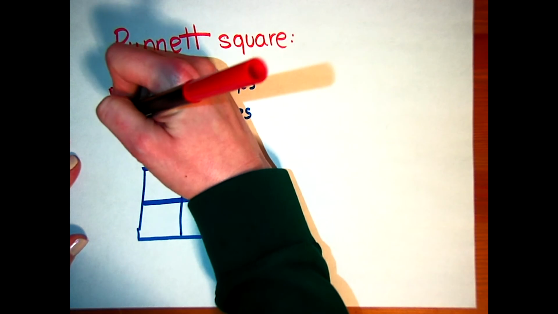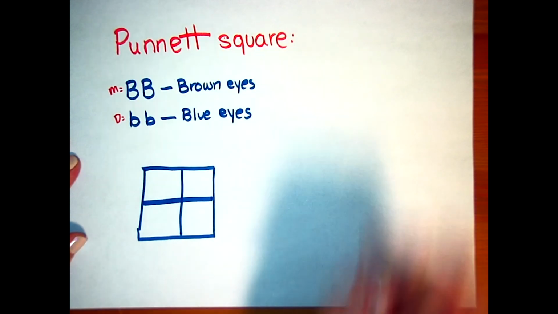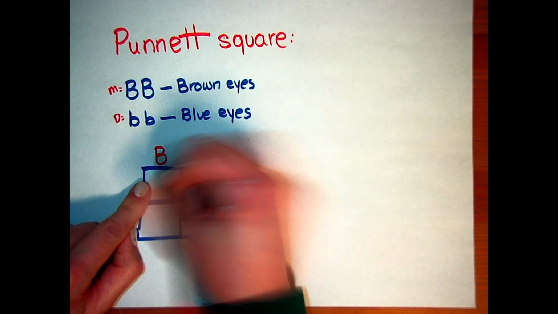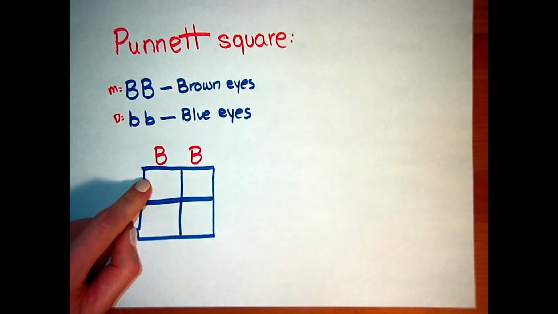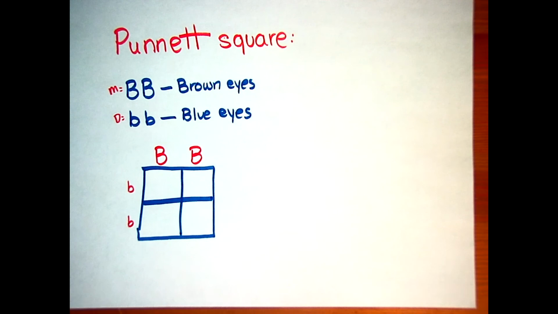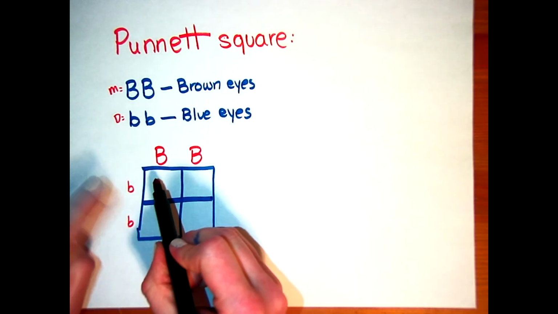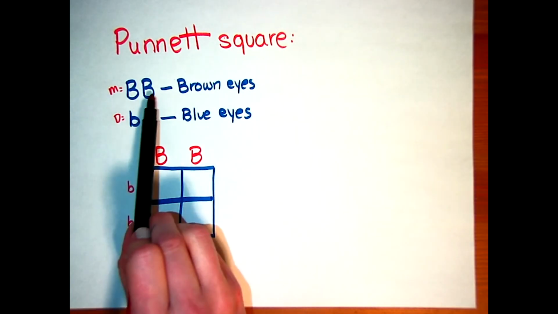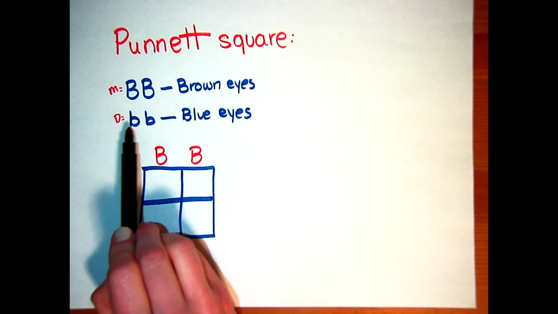So mom's genotype is B, B. Dad's genotype is lowercase b, lowercase b. Now the reason we're doing this is because we know that for each baby, that baby's going to get one allele from each parent. So for mom, it could get a capital B or a capital B. For dad, it could get a lowercase b or a lowercase b, right?